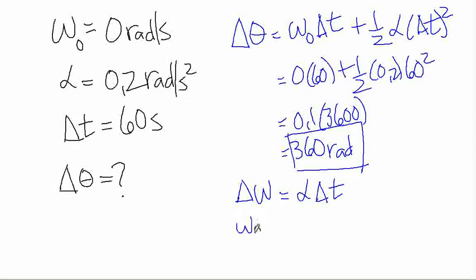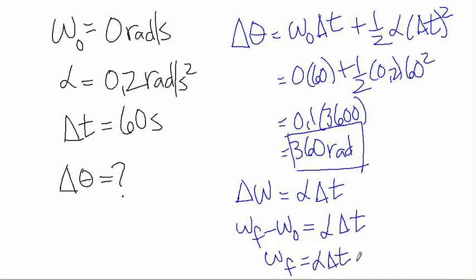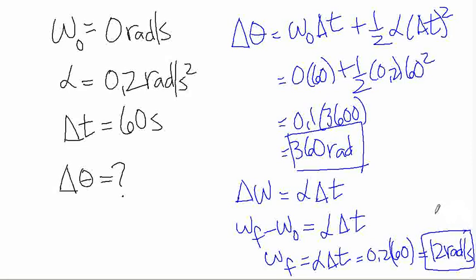So omega final minus omega naught equals alpha delta t. We know that omega naught is 0, so omega final is simply the product of alpha and delta t, or 0.2 times 60, which gives 12. So 12 radians per second is the final angular velocity.